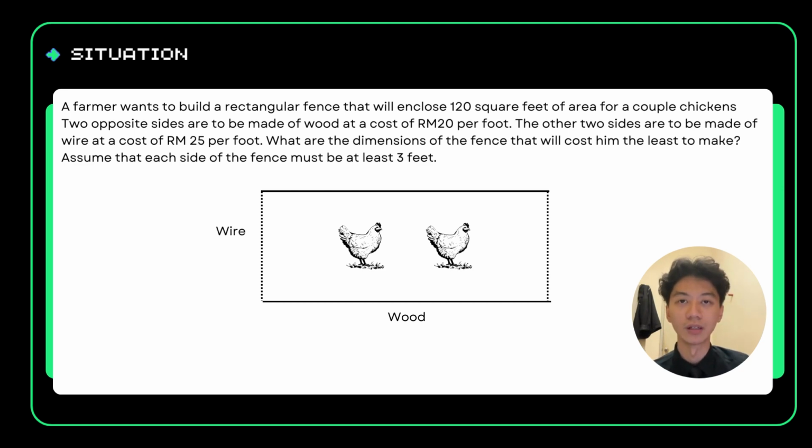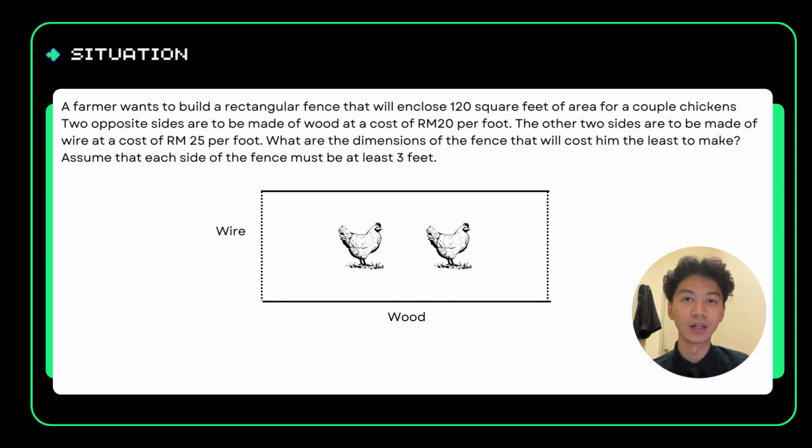So from the question, we should know that the area of the fence is 120 square feet, and the cost to make the two opposite sides made out of wood is 20 ringgit per foot, while to make the other sides using the wire, it costs 25 ringgit per foot.